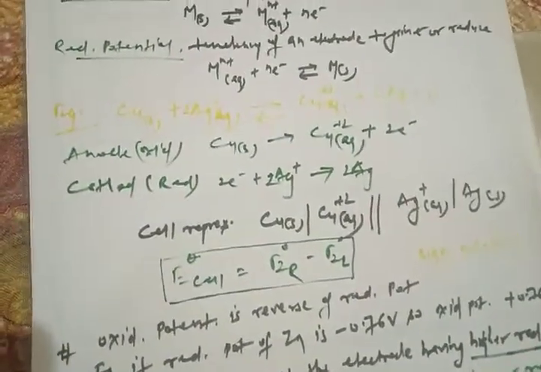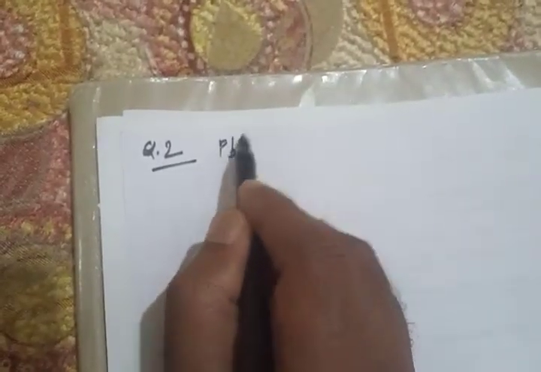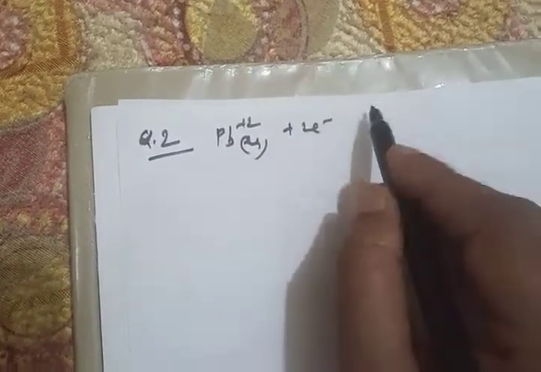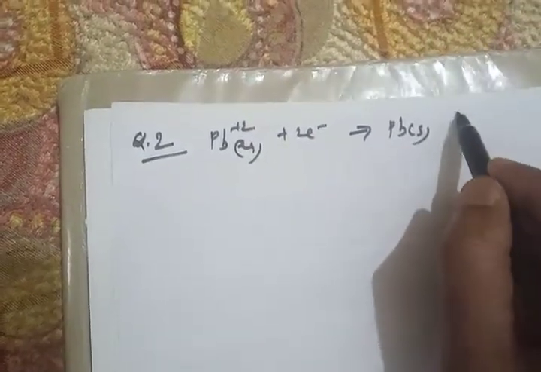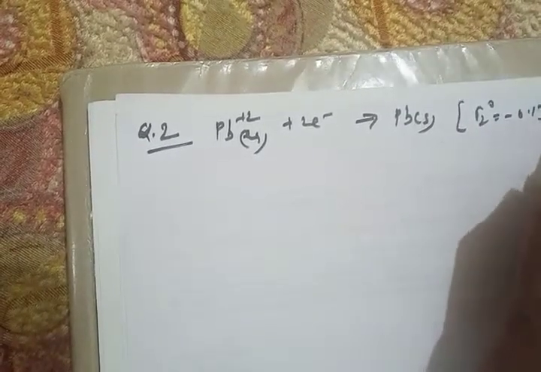Now let's take one more example, so this will give a clear view of EMF calculation. Let's say you have values given. This is question number 2. Lead plus 2 aqueous plus 2 electron gives lead solid. Here the value is given E naught equals minus 0.13 volt.